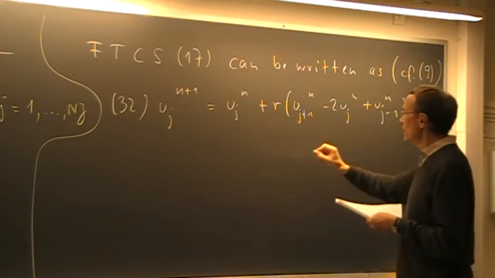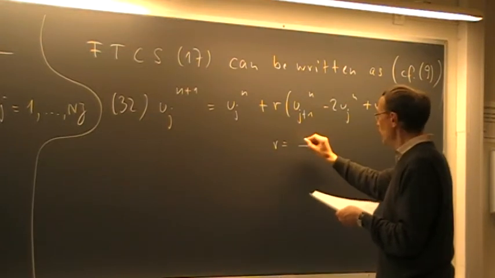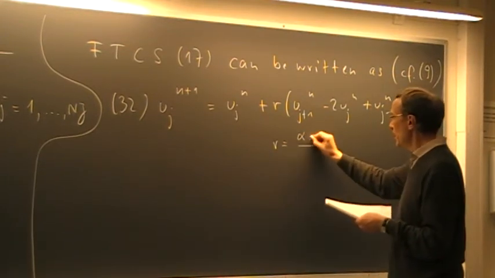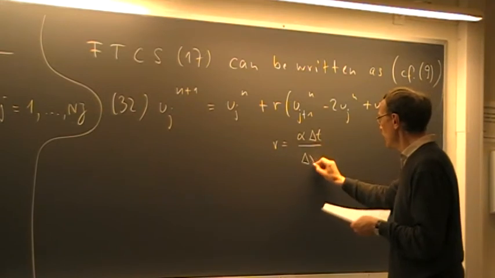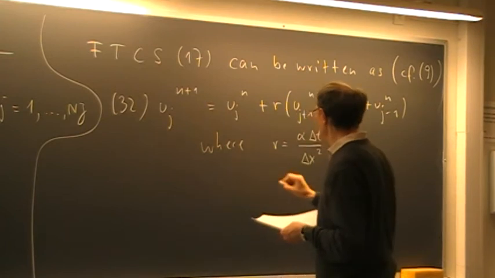And the r, that was sometimes called the von Neumann number, is the thermal diffusivity alpha times the time step divided by the grid spacing squared. So that is what we are using here.